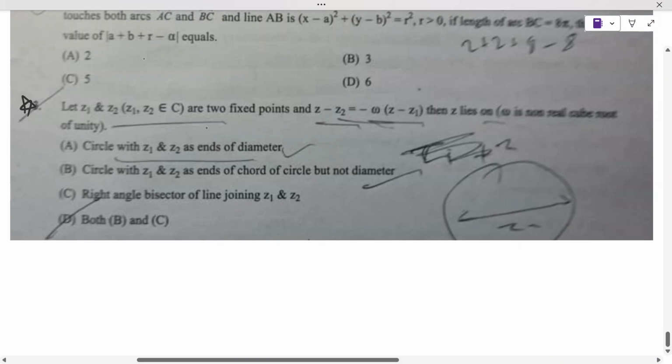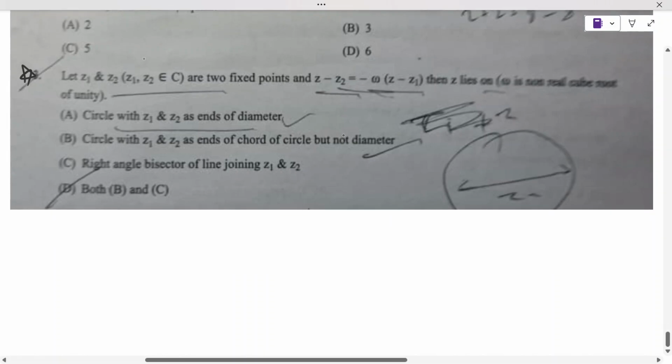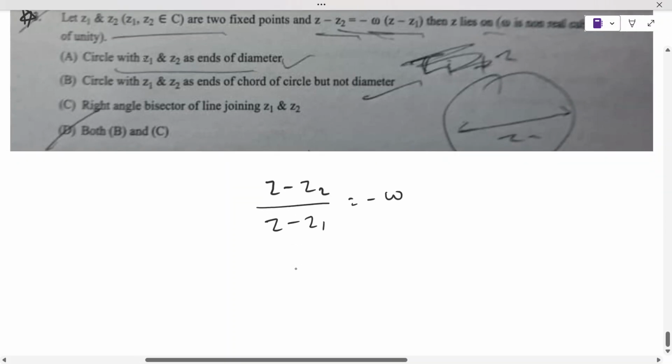Let Z1 and Z2 just compare. Okay, I got it. Like, this means what? Z minus Z2 upon Z minus Z1 equal to minus W. So if we just take the argument both sides, I will write argument of Z minus Z2 upon Z minus Z1 equal to argument of minus W, right?